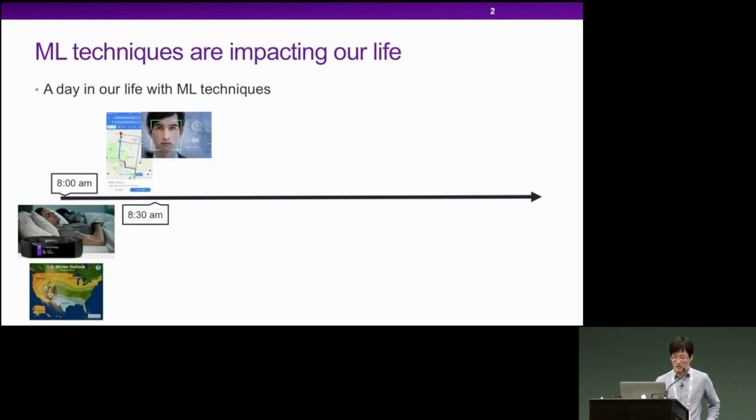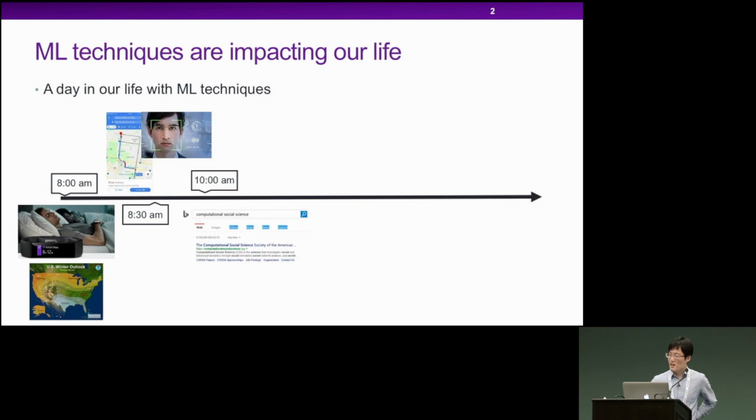And then you go on the road, you go to your office, and in the process you are guided by the GPS, and the GPS will tell you, okay, in 10 minutes somewhere will be a traffic jam. Right? Then that's a predictive model, right? And then you arrive at your company, and then you need to check in with your face, right? So this is a face recognition there, right?